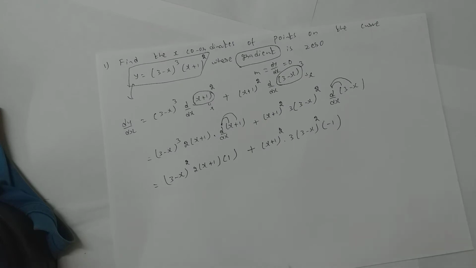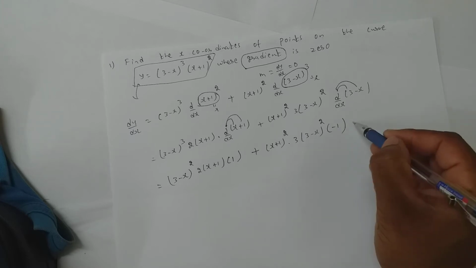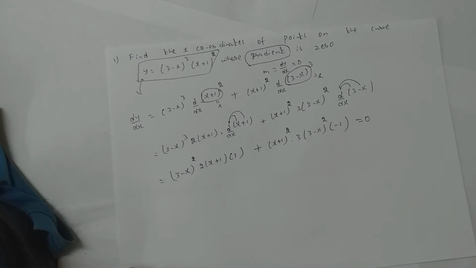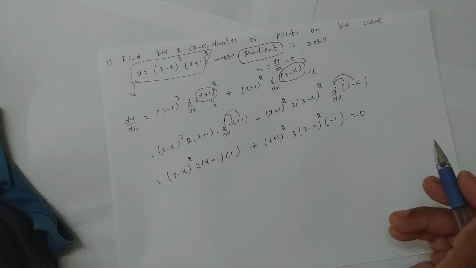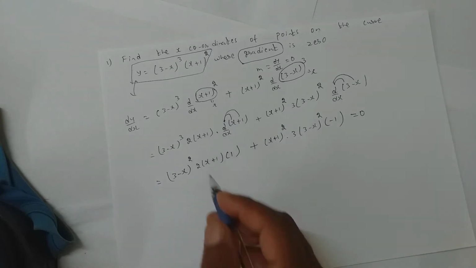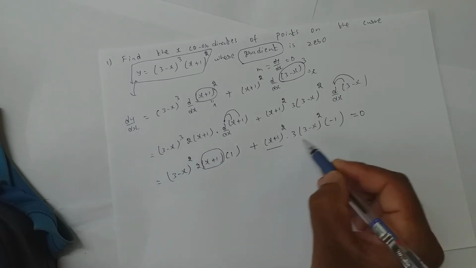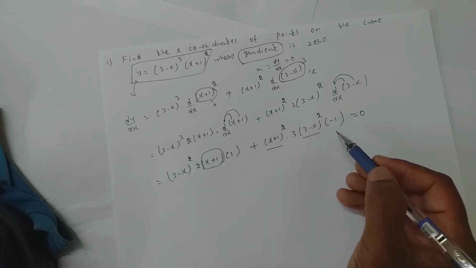Now, he is saying for what values of x is this 0? When can it be 0 is the question now. So I directly equated it to 0. How do I get the values of x now? What can I take common? I can take out x plus 1 common and also 3 minus x whole square I can take common.